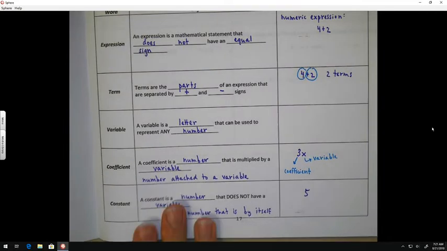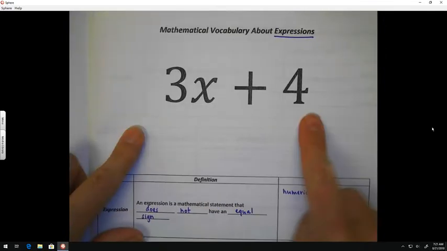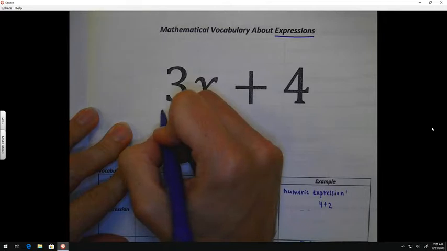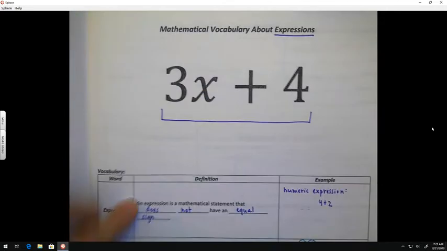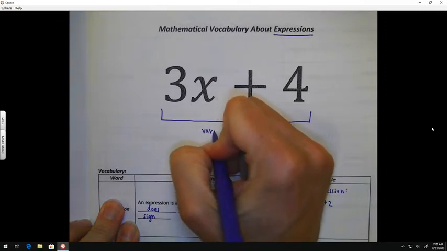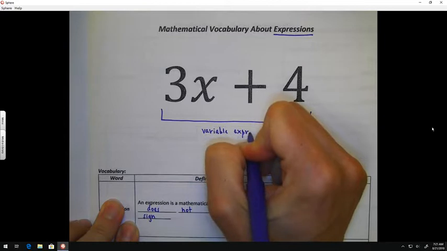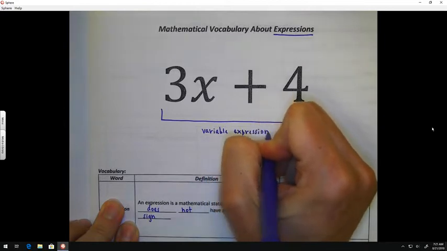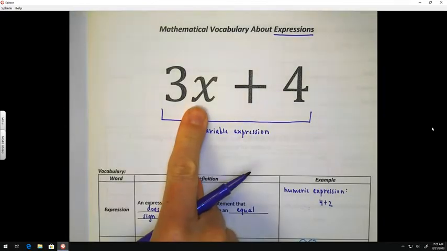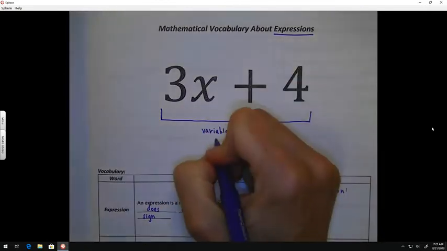So let's go back up here really quick and review. If I look at this whole thing, this is called an expression, and we actually call that a variable expression. Right? A variable because it contains the variable x, and an expression because there is no equal sign.